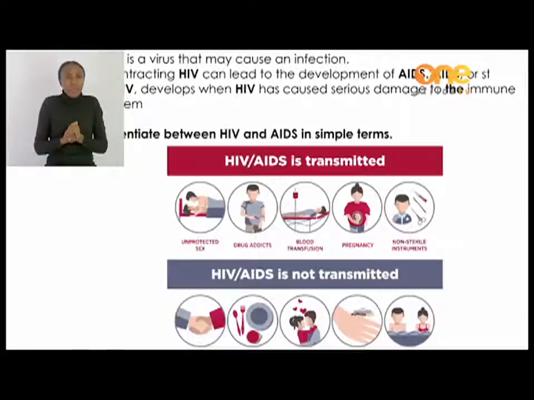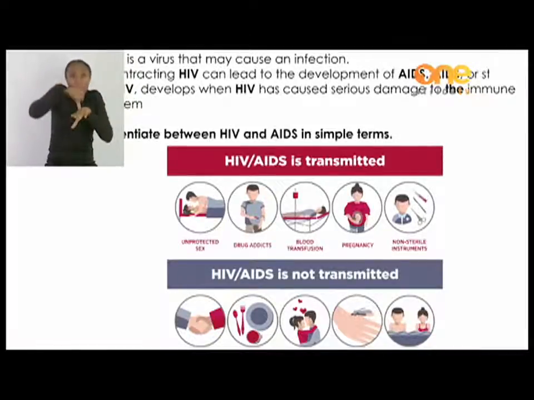Therefore, you can get HIV from having unprotected sex. You can also get HIV through drugs, especially drug addicts when they share injections. HIV is also transmitted through blood transfusion. For example, when you are in an accident and you lose a lot of blood, you go to the hospital and get new blood from somebody else.